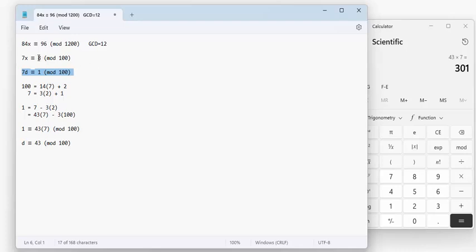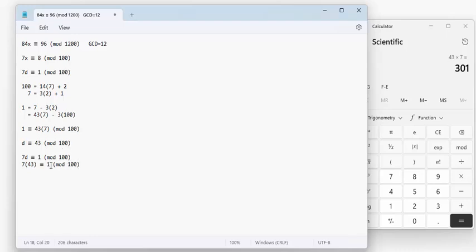To get a remainder of 8, we just multiply both sides by 8. From 7d congruent to 1 mod 100, we get 7 multiplied by 43 congruent to 1. 43 is the inverse mod 100.